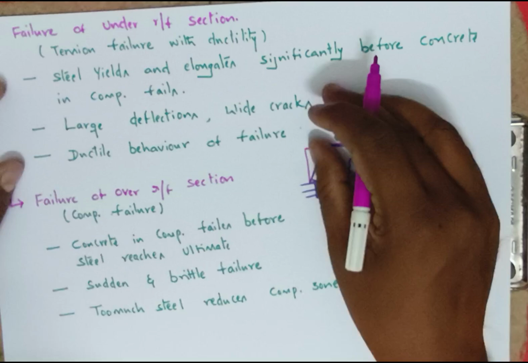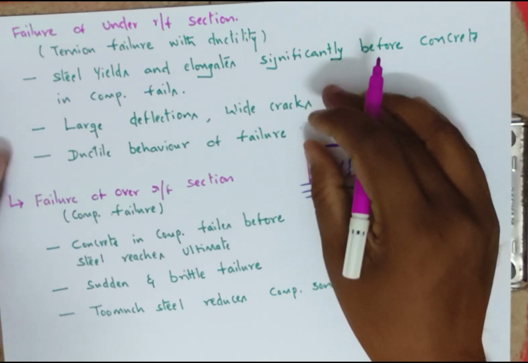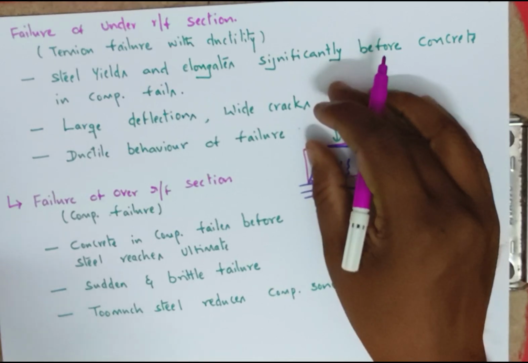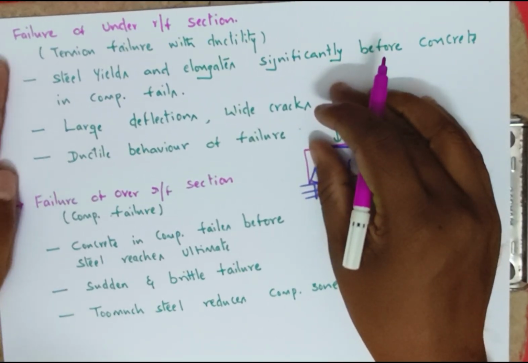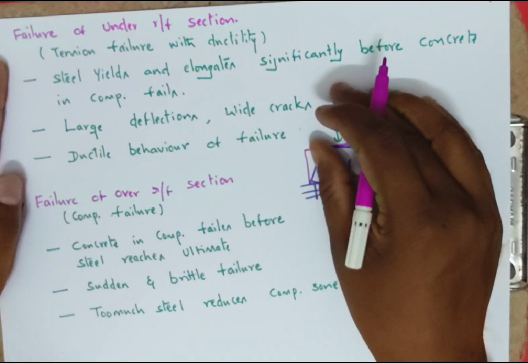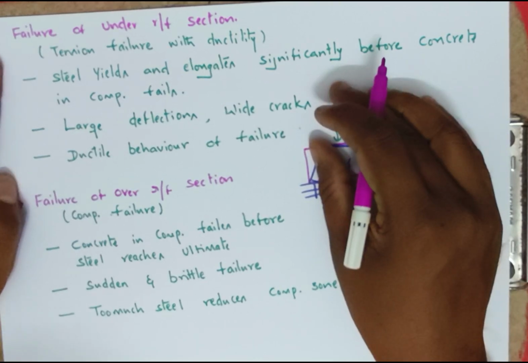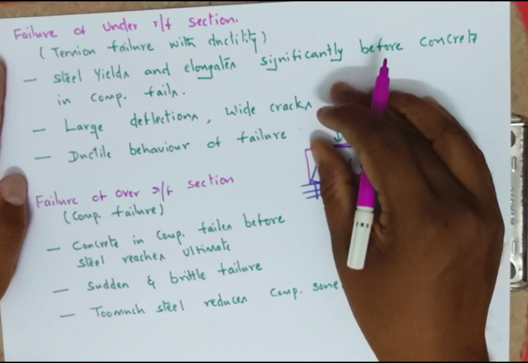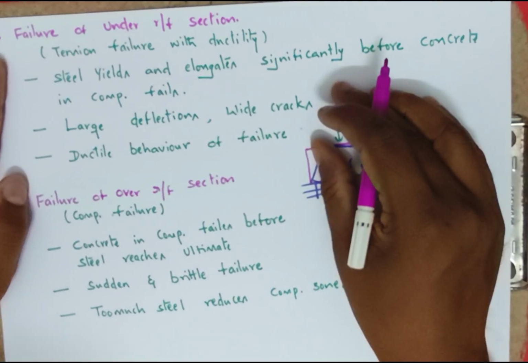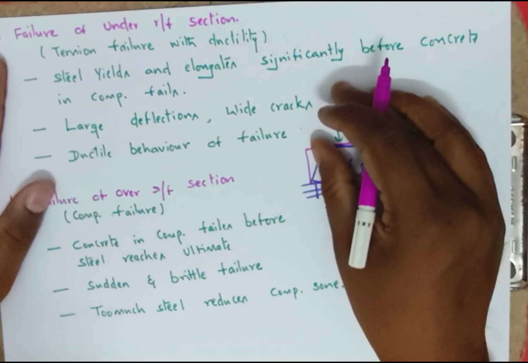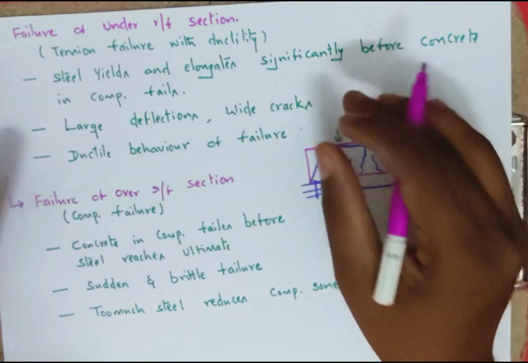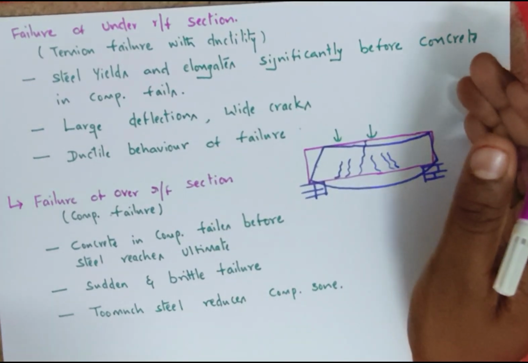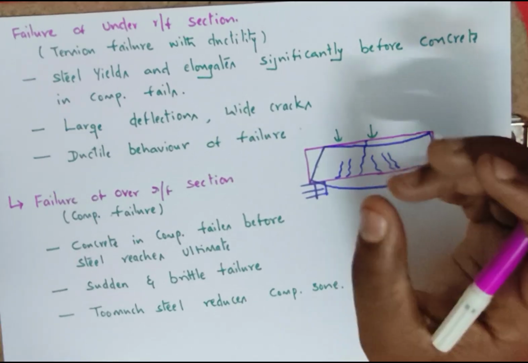We can observe ductile behavior of failure in this type of under reinforced section failure. This type of failure is desirable. That's why while we are designing, the under reinforced section is preferable to design as per the codal provisions. The steel yields and elongates significantly before the concrete in compression crushes.